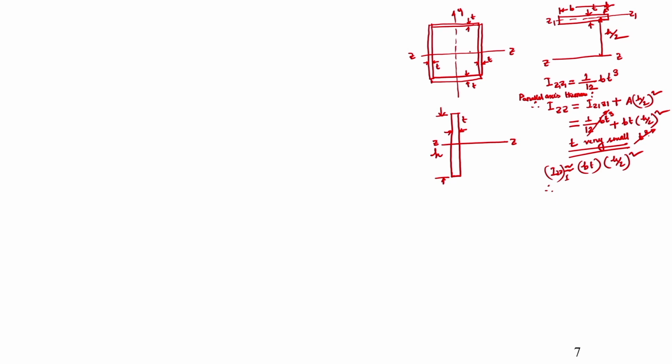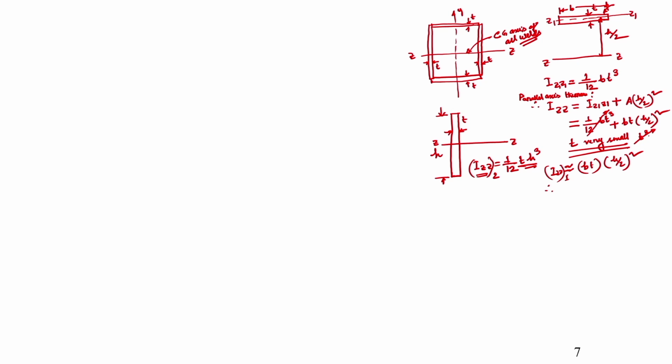Always you should keep it in mind, this ZZ axis is the centroidal CG axis of all welds, this you should keep in mind. So, for this weld, the left side or right side weld, what should be the IZZ? So, IZZ here will directly be 1 by 12 T H cubed. Okay, this is one weld.